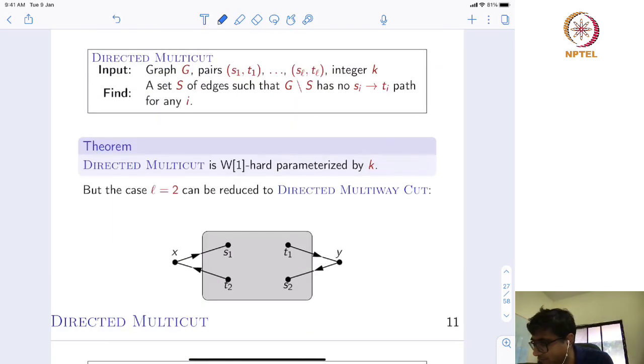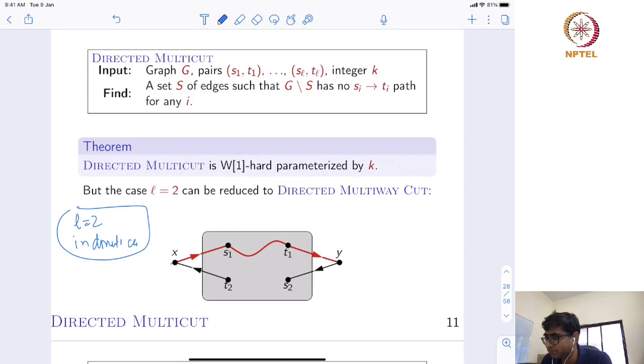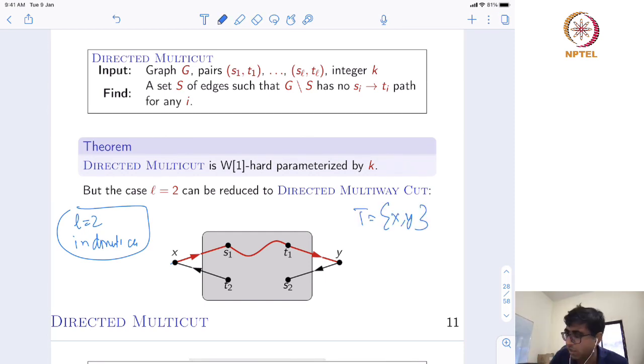What you do is add 2 additional vertices X and Y, and you add an edge from X to S1 and T1 to Y. So basically, this is trying to capture all the paths from X to Y, and you add an edge from T2 to X, and Y to S2, and this is trying to capture paths from Y to X. Okay, and you can show that directed multi-cut is equivalent to directed multi-way cut with terminal set being X, Y. So it's a very simple reduction. Please try to do it yourself.